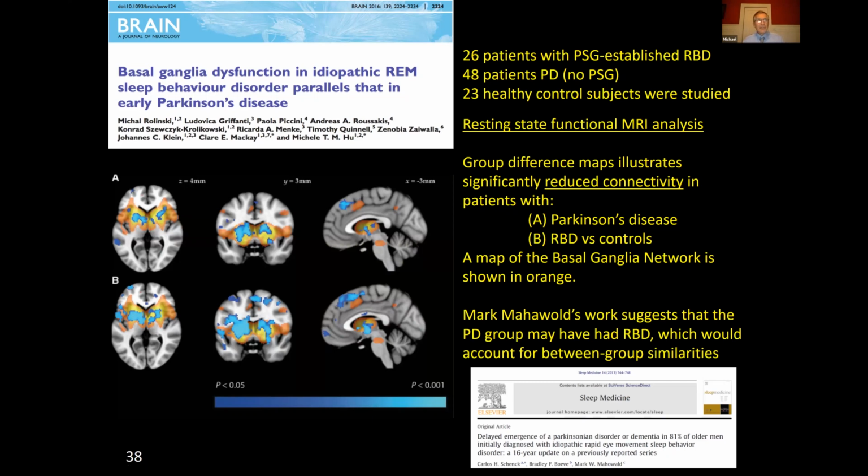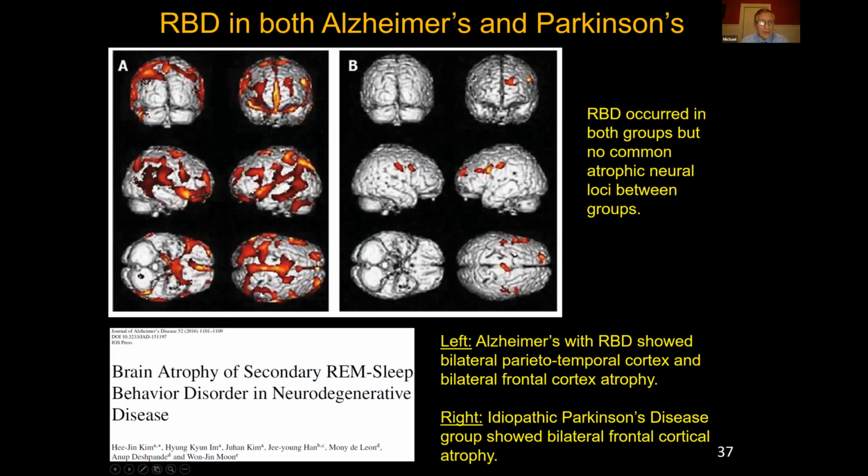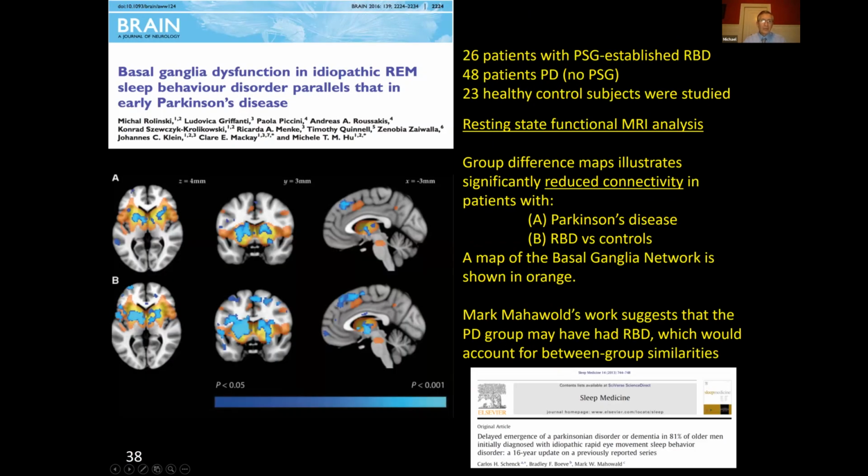Now, the reason I put this in here is that when we go back to the prior slide, what Mahal and his group thought when they looked at it was, well, gee, there is a lot of neurodegeneration in these people over here in A that were called Alzheimer's, but actually many of them went on to develop Parkinson's. So what Mahal was saying was that REM behavior disorder really is not something that we see in Alzheimer's.